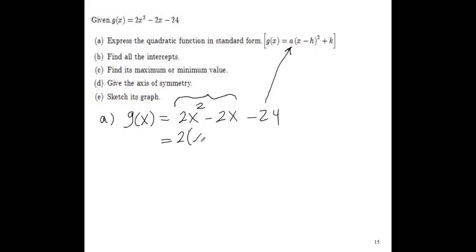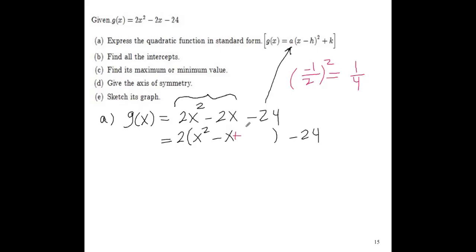I get 2 times x squared minus x. I need to find what to add here to complete the square. To do that, you take the coefficient of x, in this case minus 1, divide it by 2, and then square it, and you get 1/4.